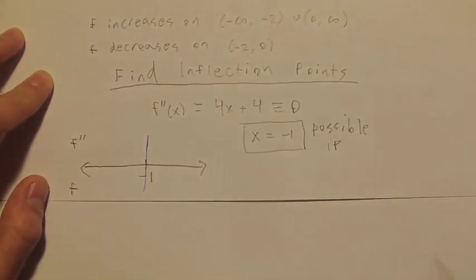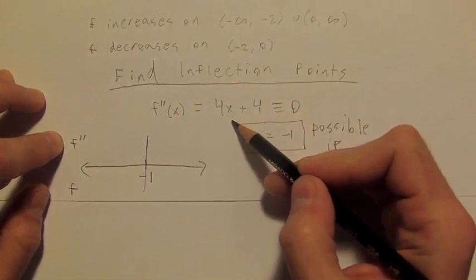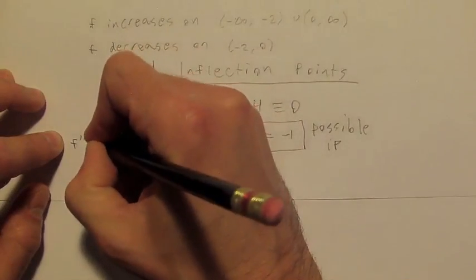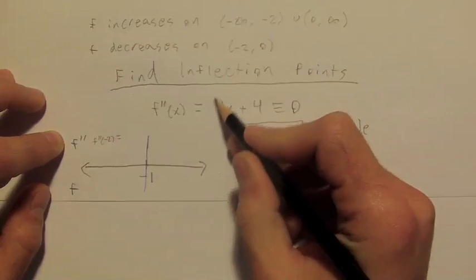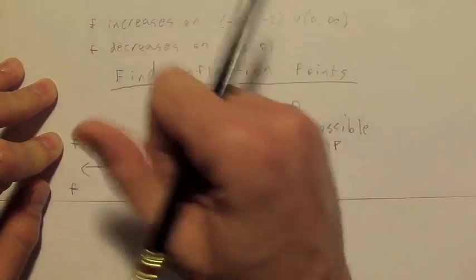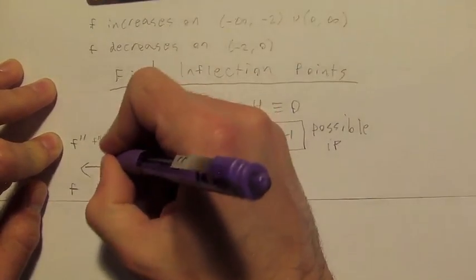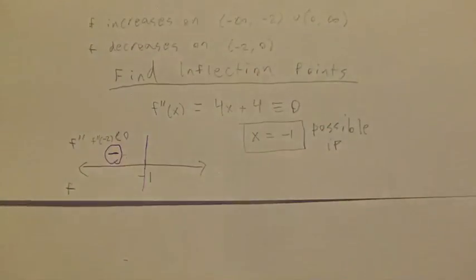Okay. So, to the left of negative 1, say if I put in something like negative 2, so f double prime of negative 2, well, that will be negative 8 plus 4, which is going to be negative 4, so the whole thing ends up being negative. And what does that say about f if f double prime is negative?